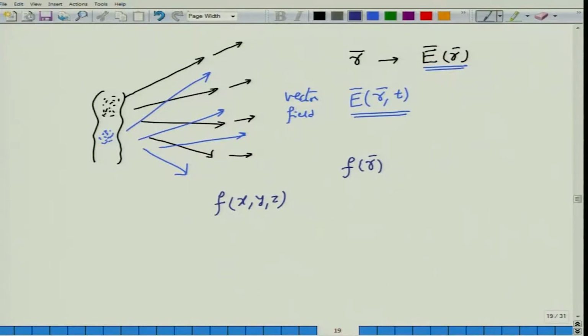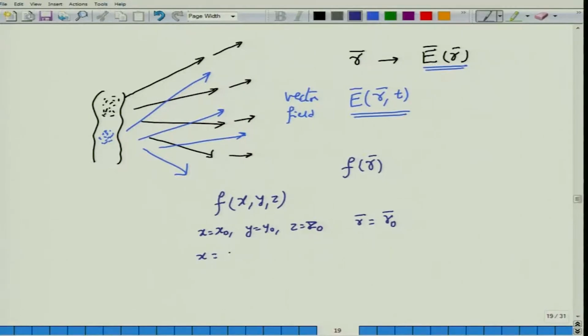Suppose I have this function, and I know the value of this function at a certain point at x equal to x naught, y equal to y naught and z equal to z naught. In other words, at a certain position vector r equal to r0, I know the value of this function f.